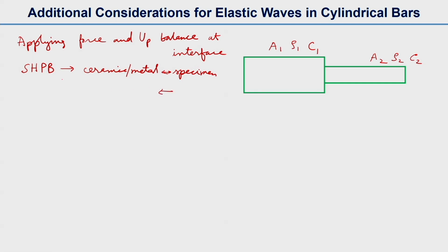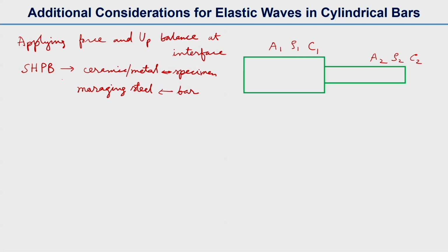The bars used in SHPB are widely Maraging steel or high strength steel, so the properties will be different across the interface.